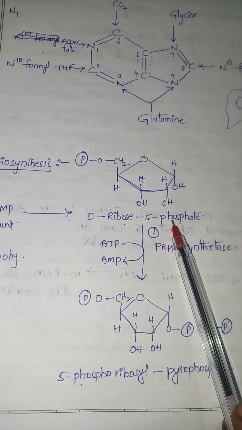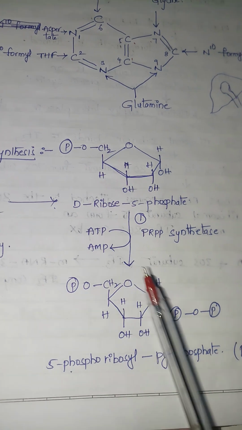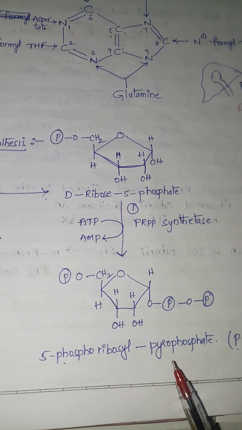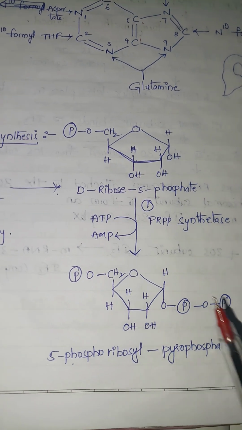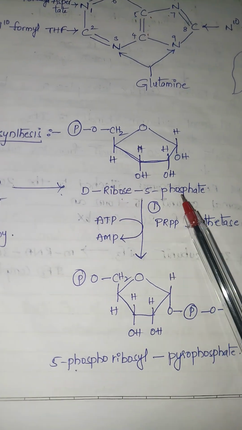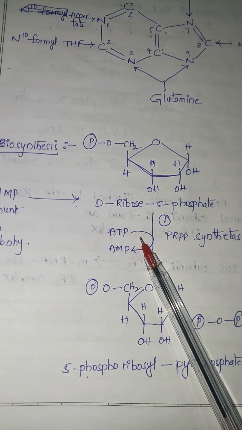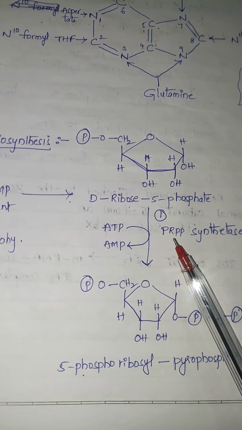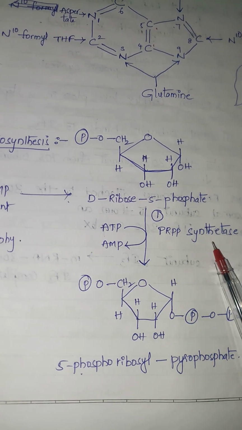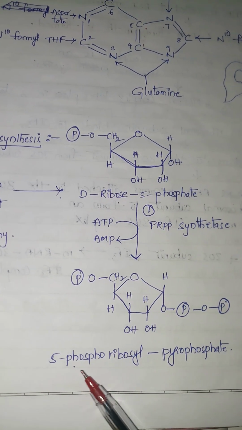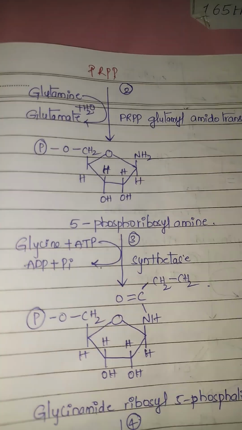Here the ribose 5-phosphate reacts with ATP in the presence of phosphoribosyl pyrophosphate synthase and produces 5-phosphoribosyl pyrophosphate, PRPP.